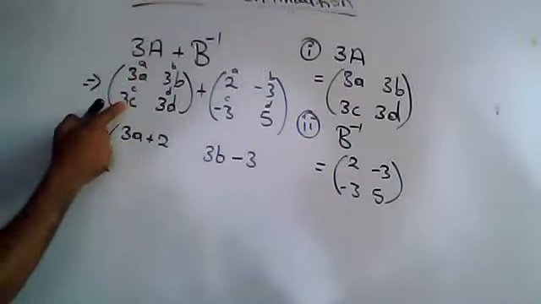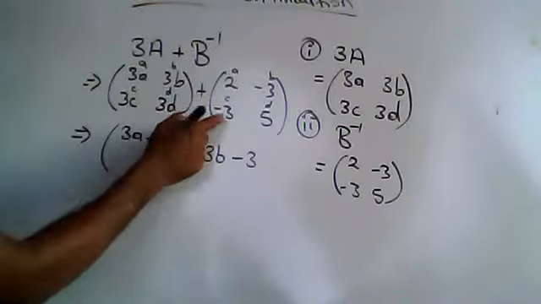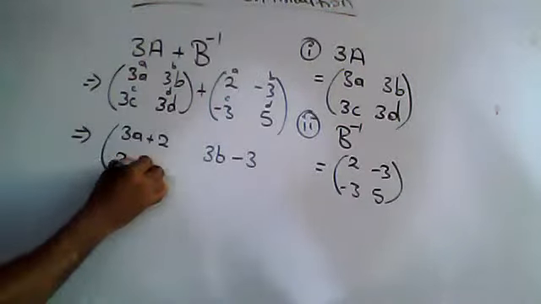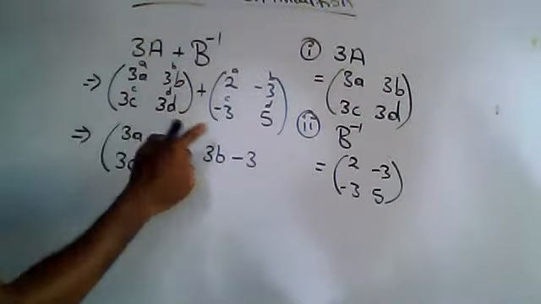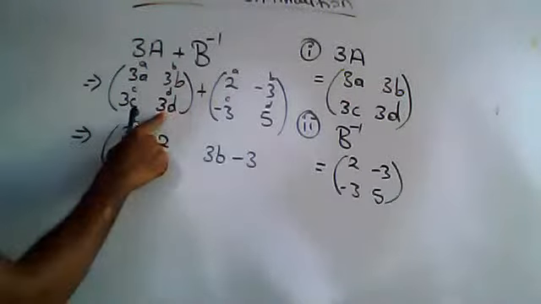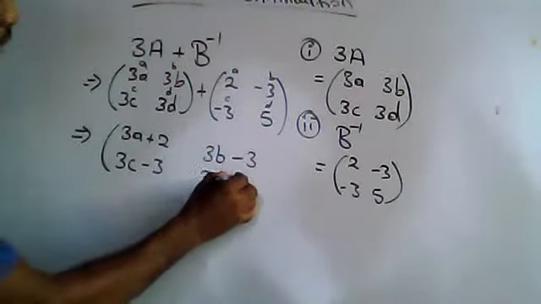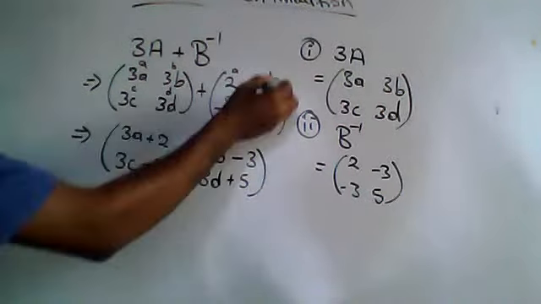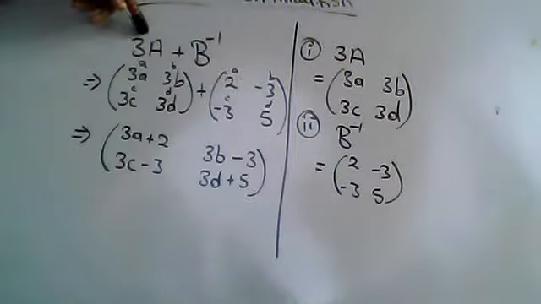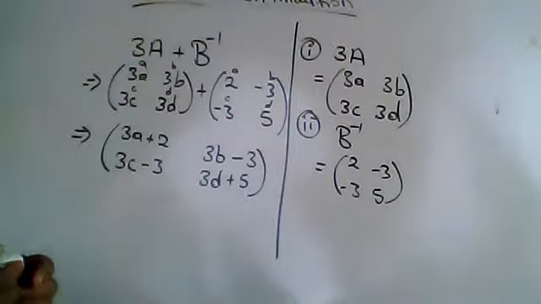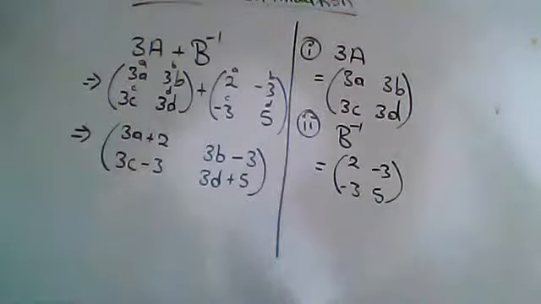For the third element, we're going to have 3c minus 3. Then for the fourth element, 3d plus 5. So that's our solution for 3A plus B inverse. Any questions?